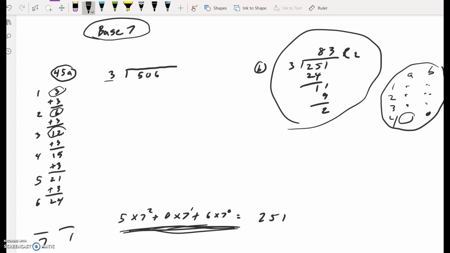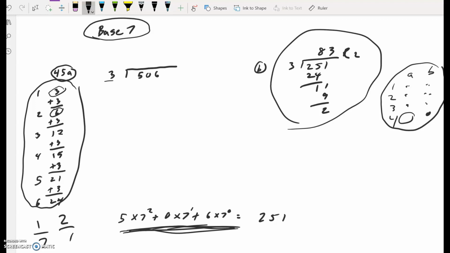Because in base 7, if you have a 1, 2, that's 9. 3 times 3 is 9, but that's a 1, 2 in base 7. Let me get rid of that circled thing. And so on and so forth. This kind of table really helps when you're doing division. For most people, it's the best way to do division.